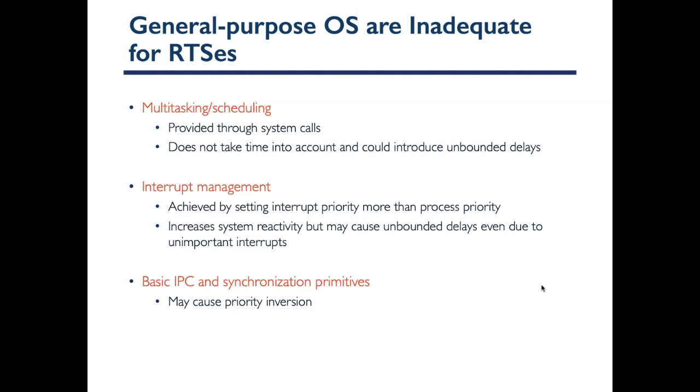So some tasks have sooner deadlines than others. Some tasks have higher priority than others. And you really don't want these high priority tasks to be waiting for low priority tasks or tasks with deadlines that are far in the future. So you want to deal with priority inversion, something that you really don't deal with in a general purpose operating system. We'll talk about all of these and some more.